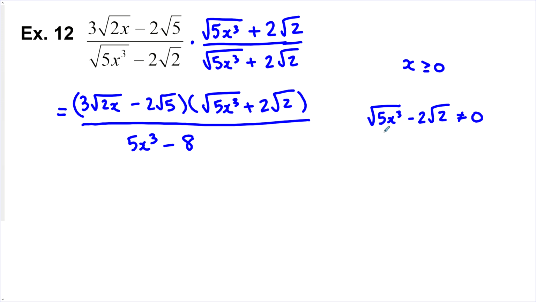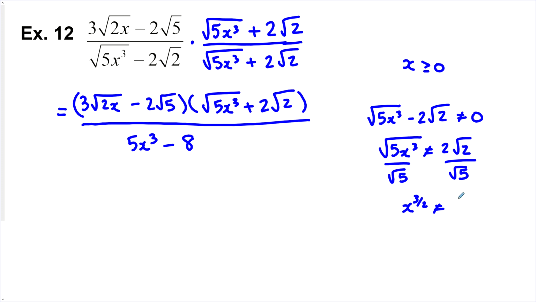Let's do some algebra so we can isolate for x. So we'll add 2 root 2 on both sides, and then divide by root 5 on both sides. So we got x cubed square root, and this side we just have 2 root 2 over root 5.